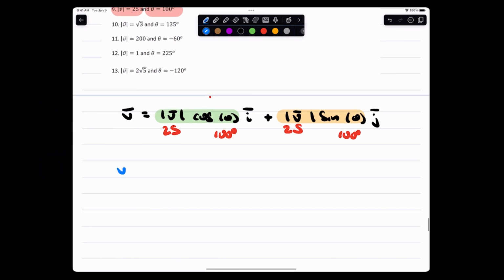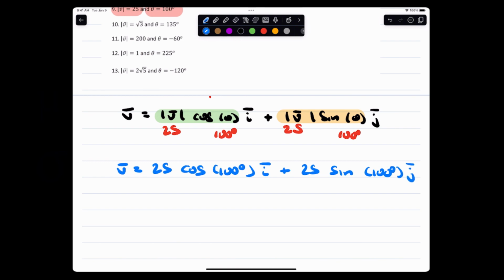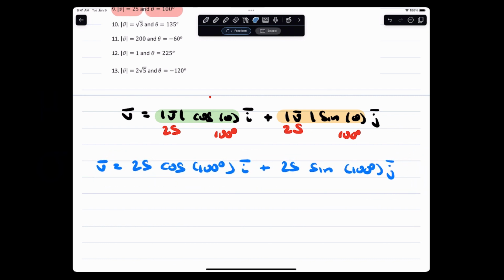So vector V is 25 cosine 100 degrees i plus 25 sine 100 degrees j. Okay, you guys okay with that?